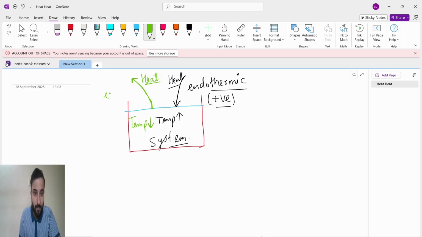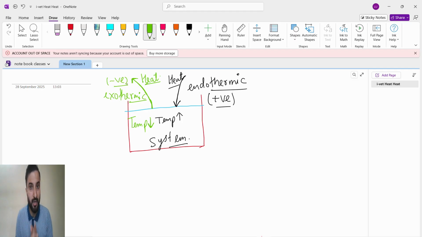So it is an exothermic process. Here we are seeing heat going out from the system, or the system is releasing the heat. So if heat is going out, then we will take the negative.